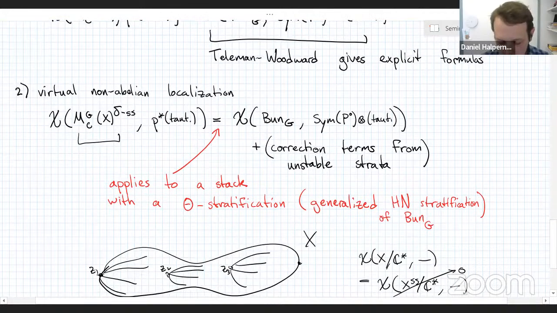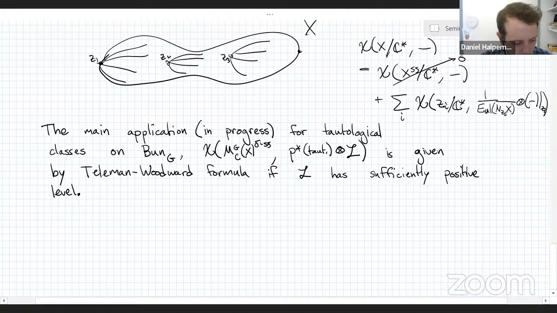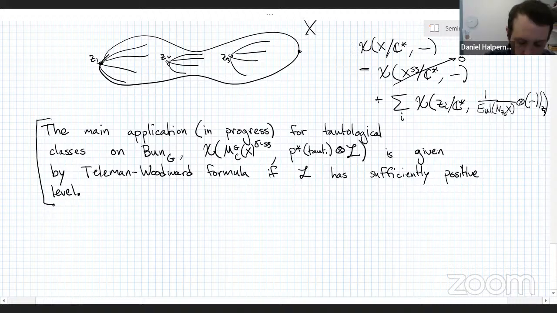So the stratification shows up there as well, in some sense. Yeah, so that's the main application of this idea. That's why you want something analogous to a Harder-Narasimhan stratification for these moduli of gauged maps. And so I'm going to tell you a little bit about how we prove that and what that really means.